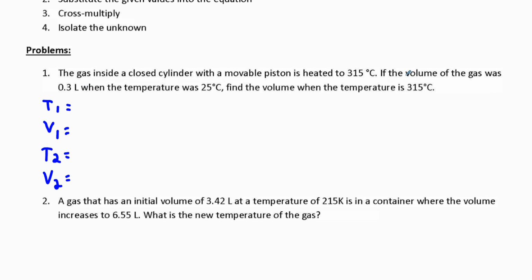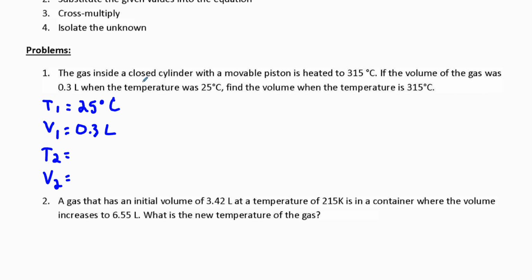Okay, so if the volume of a gas was 0.3 liters, we're assuming that we're starting at a volume of 0.3 liters when the temperature was 25 degrees Celsius. Just like in Boyle's law, what you define as 1 and 2 isn't very important as long as they're paired correctly.